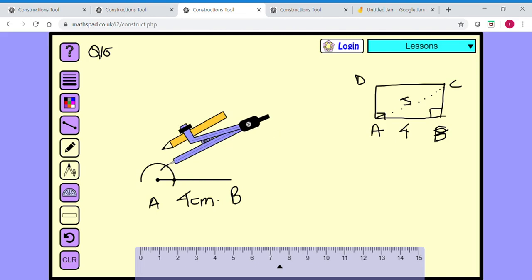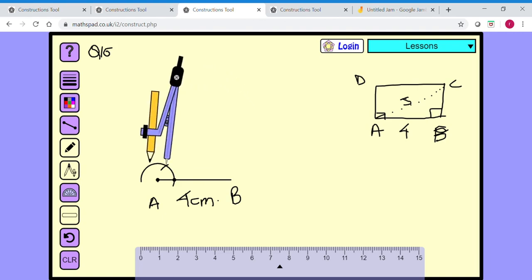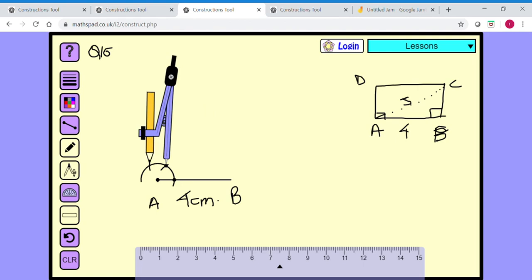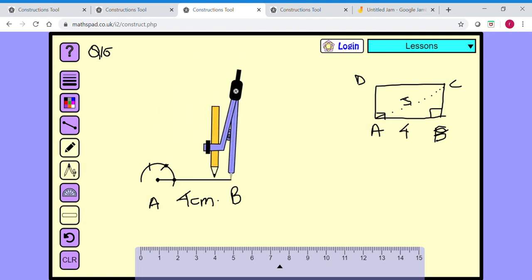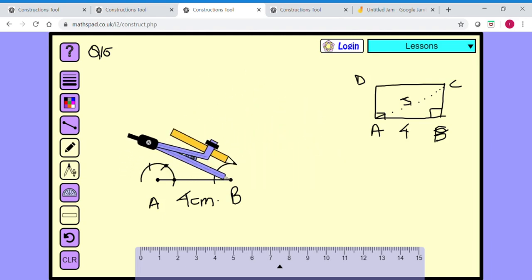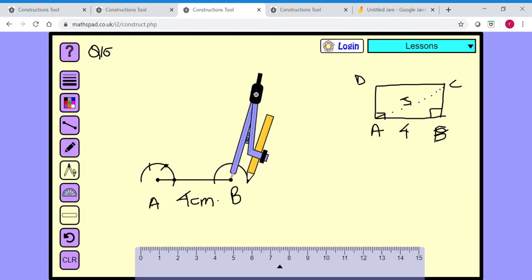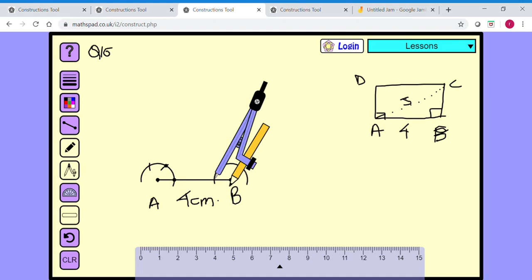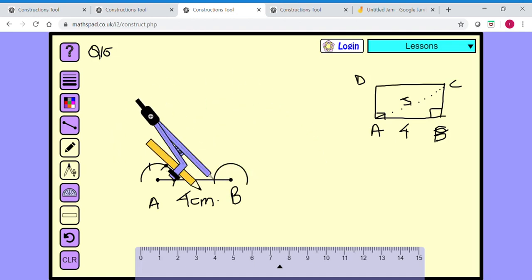Without picking it up, I keep it at the 60-degree point and I mark the 120-degree angle. Perfect. Same thing I do from B, because at B also I need to make a 90-degree angle. So again I make a semicircle at B. Without changing the span, I keep it here and mark my 60-degree line.